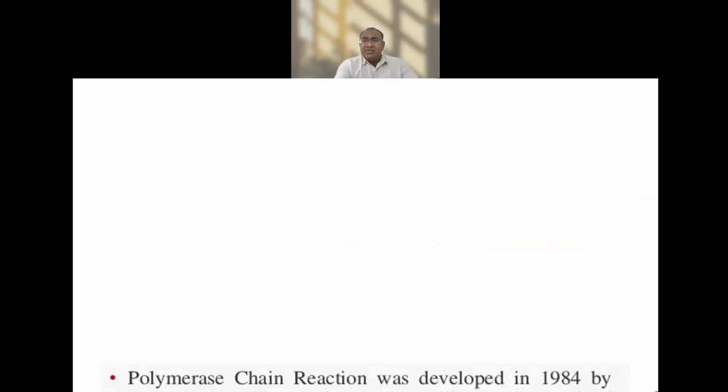Now, next point. Let us read a little bit of history, from where it started. In 1984 itself, maybe I was approximately 10 years old, an American biochemist used what we call PCR, and the Nobel Prize was awarded for this, the Japan Prize and Nobel Prize were awarded to them in 1993.